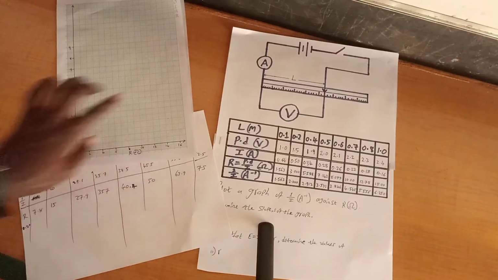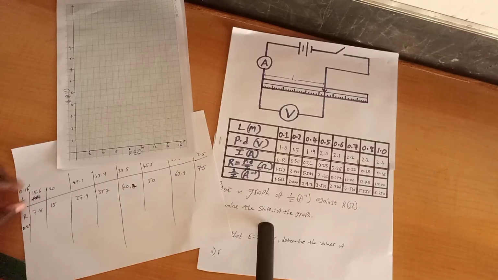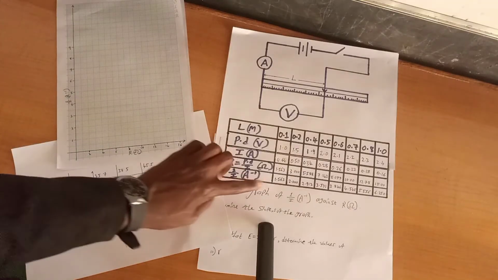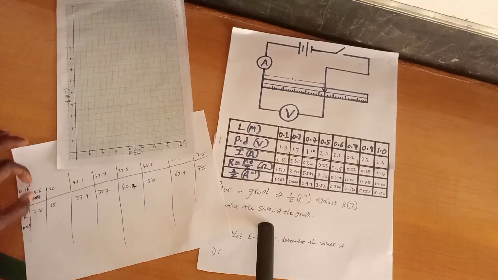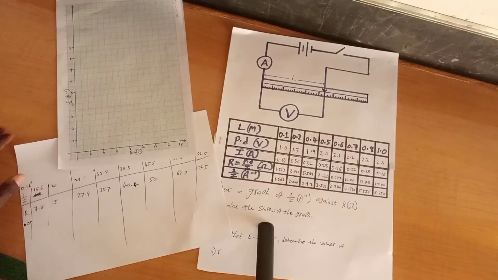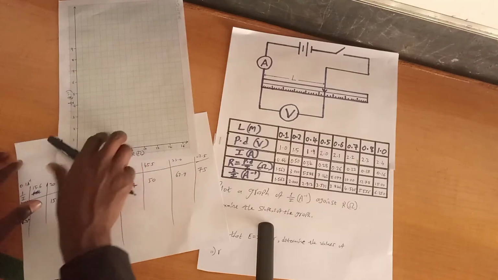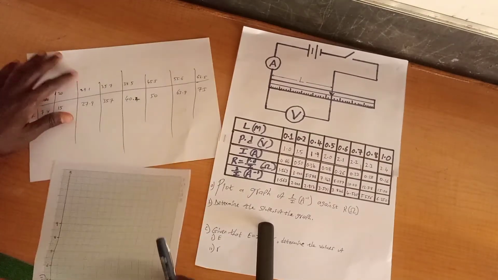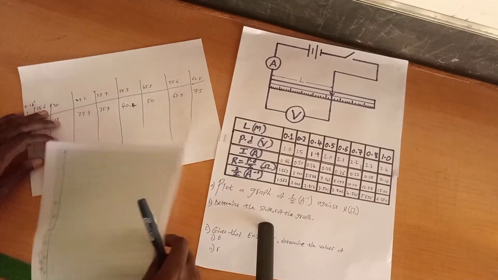Then for the reciprocal of current, 10 divisions is 1, so each division is 0.1. That's why for each value of reciprocal of current we divide by 0.1 to know how many divisions. So from there we can plot those values in our table on the graph.